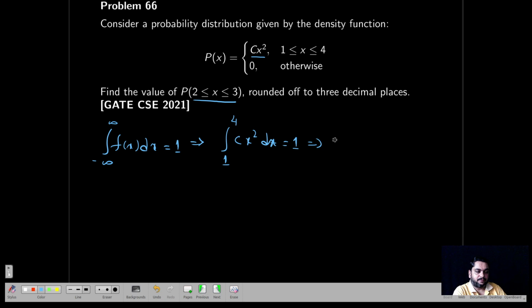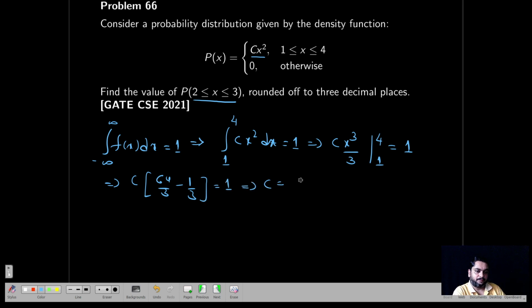That implies C into x cube by 3 in the interval 1 to 4 should be equal to 1. That implies C into 4 cube by 3, what is 64 by 3, minus 1 cube by 3, equal to 1. That implies C equals 1 divided by 63.